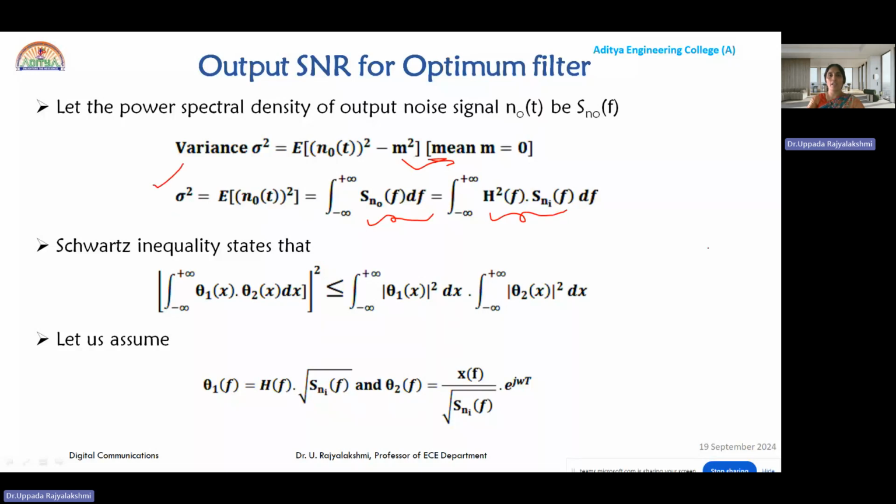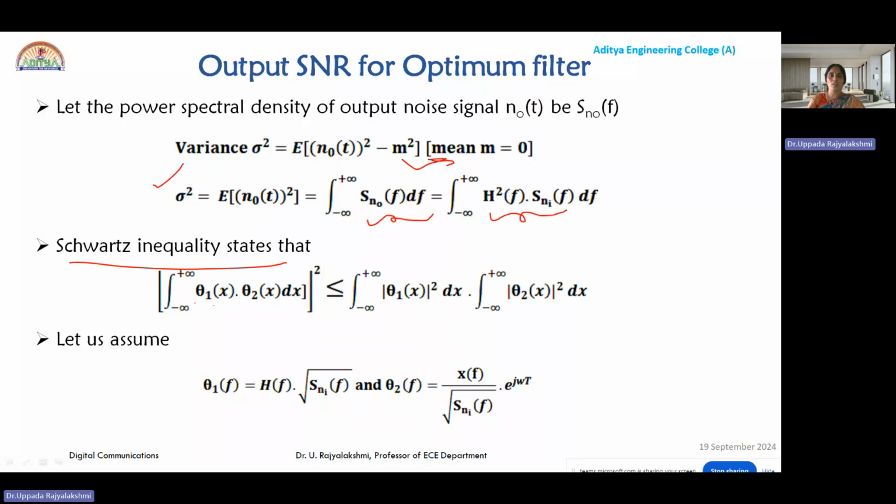Now we are going to write rho max in terms of the output signal, where rho max is the square of the output SNR. In order to evaluate that, you should be familiar with the Schwarz inequality. It states that the square of the magnitude of the integration of the product of two functions is always less than or equal to the product of the integrations of the squares of the two terms individually.